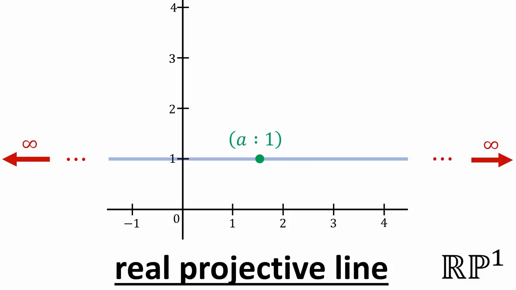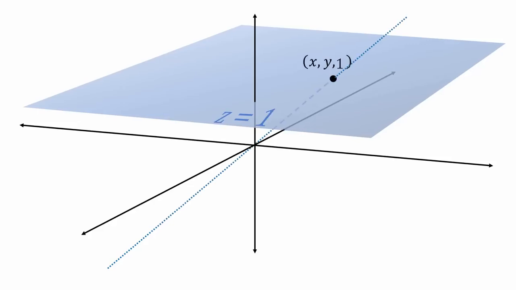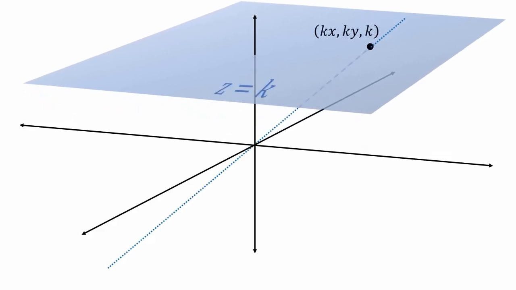We can follow a similar process to put homogeneous coordinates on a plane. This time we'll embed our two-dimensional plane into three-dimensional space, so we'll place it at z equals 1. Every point on the plane can be paired with a line through the origin. This time, if we scale the x, y, and z coordinates by the same amount, we'll stay on the same line through the origin.